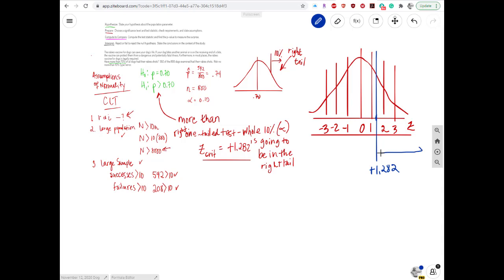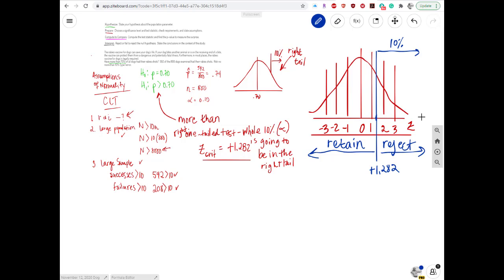If anything is greater than that, we are going to reject the null. And if anything is less than that, we are going to retain the null. Okay, and everything from here over is 10% of the curve. Okay, so all this right here is 10%.